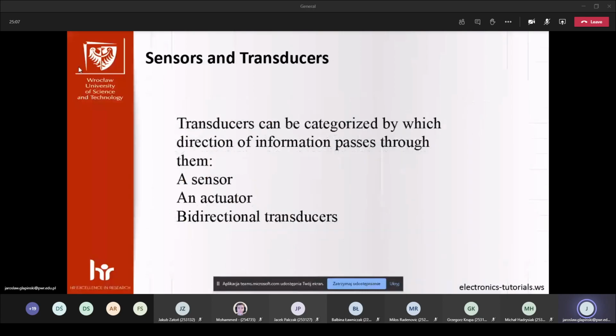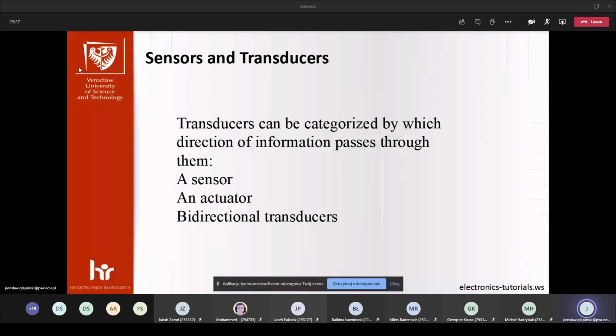Generally, it is not easy to explain what is the difference between transducers, sensors, and actuators. But generally, a transducer means something that transduces something.